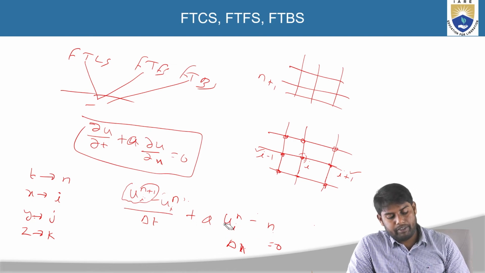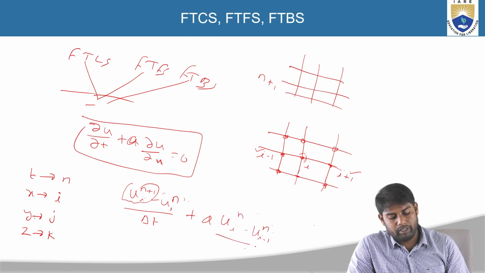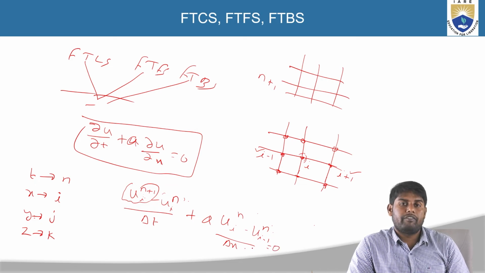Next, for FTBS, what we have is u of i to the power of n minus u of i minus 1 to the power of n divided by delta x is equal to 0. So this is what we have for FTBS.